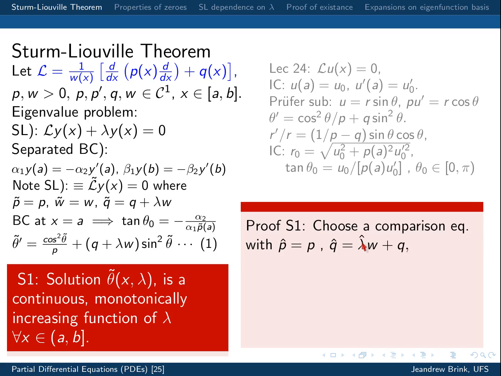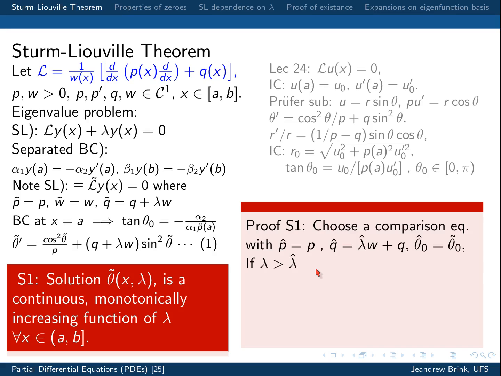And this lambda hat is going to be assumed to be different from the lambda used for this equation over here. Also note that we're going to use the same initial condition. So theta hat 0 is going to be the same as theta tilde 0, and they're both assumed to satisfy the separated boundary condition at A.